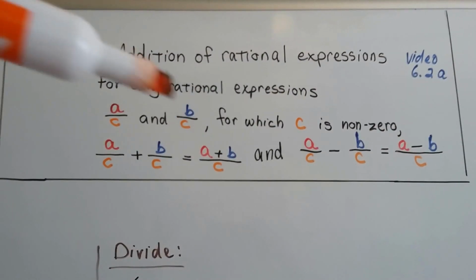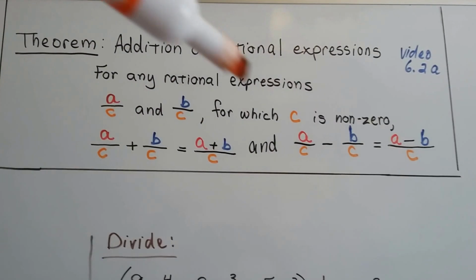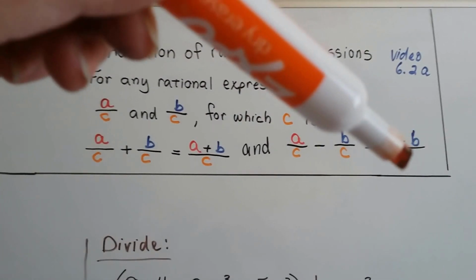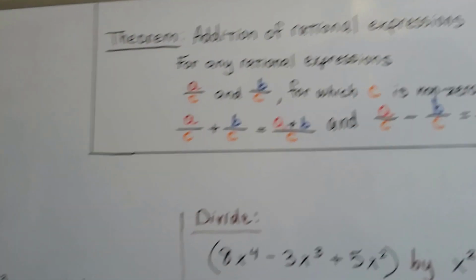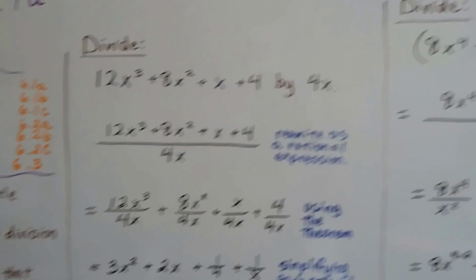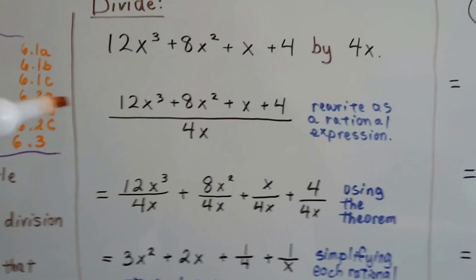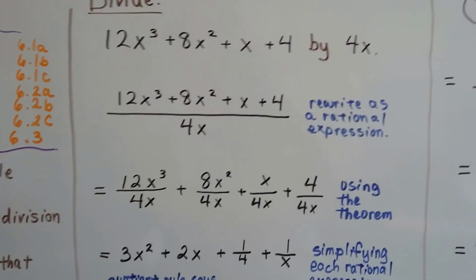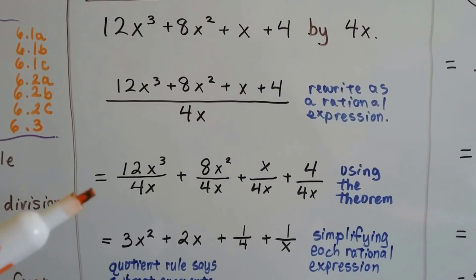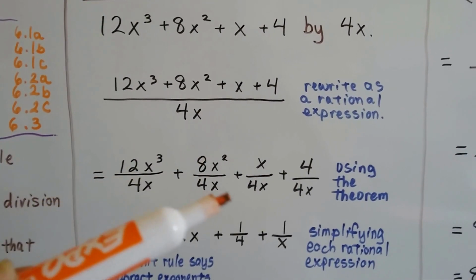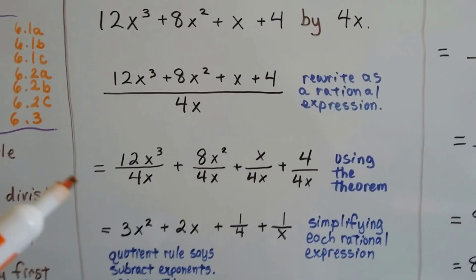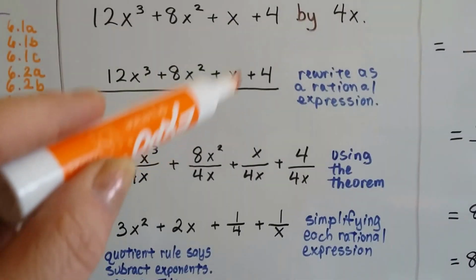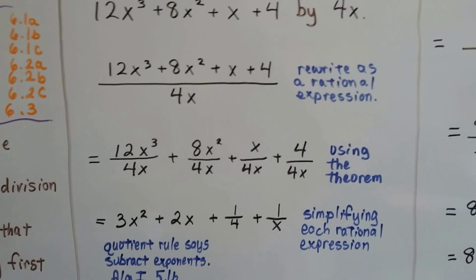As just one term in the denominator. Same thing with subtraction. We could do a minus b over that c because the denominators are the same, okay? So that's what we're going to do here. We're going to take this polynomial over this monomial, and using that theorem, we're going to split it apart, okay? That theorem said we could put it all together, but we can also split them apart. So we can turn them into 4 different little division problems. See that?